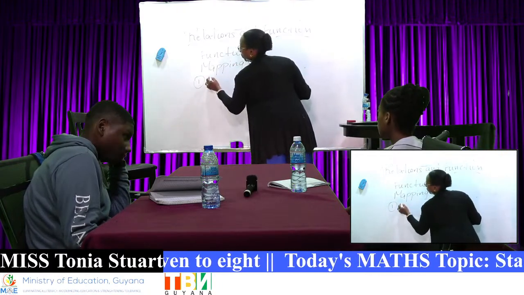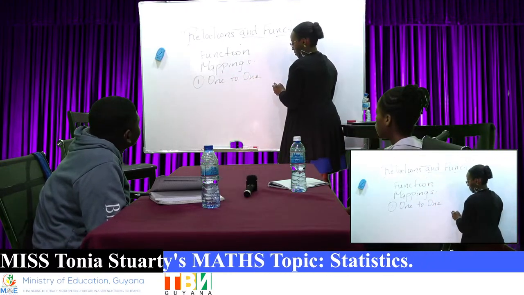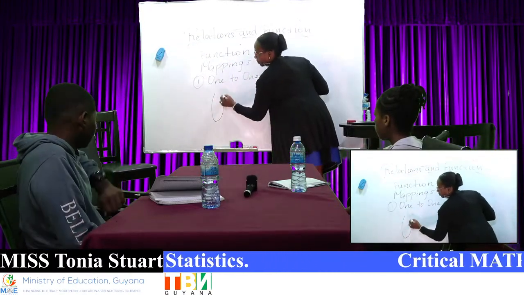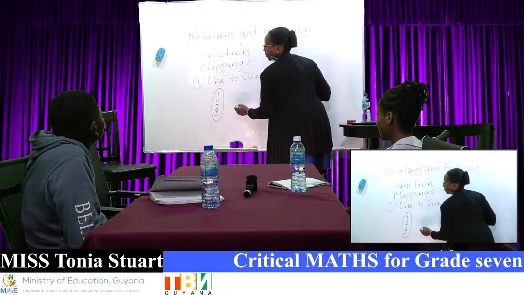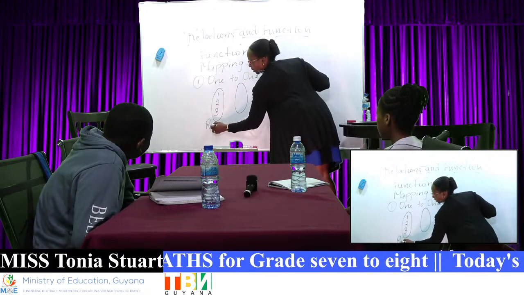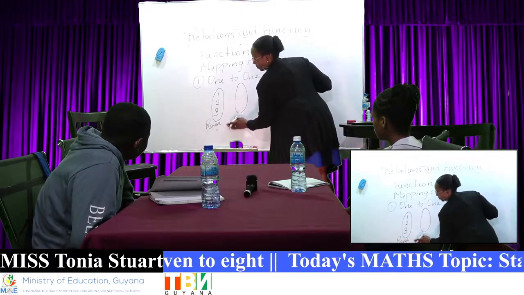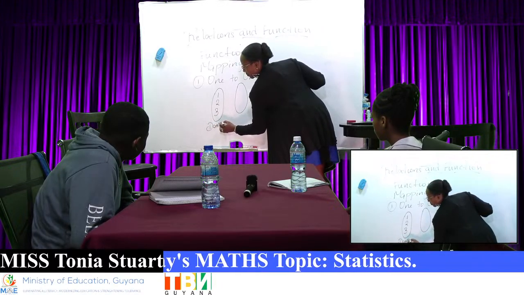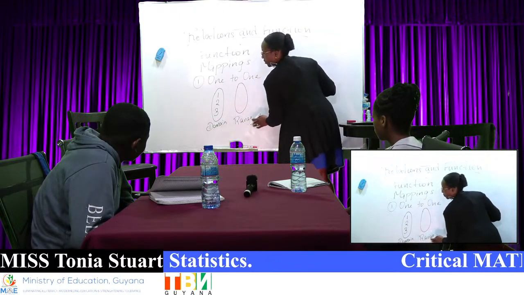We have one-to-one mapping. I'm going to use this diagram here, and we have 1, 2, 3, and this one here I will call my range. As I said to you, we're dealing with the domain and the range. The domain is where we're starting with, the range is our result.